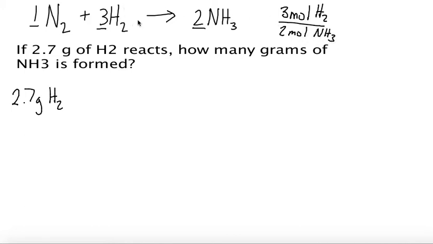That's the only relationship I have between NH3 and H2. I don't have grams of H2 for every gram of NH3, so I can't just multiply this in one step. This is the only relationship I know between H2 and NH3.